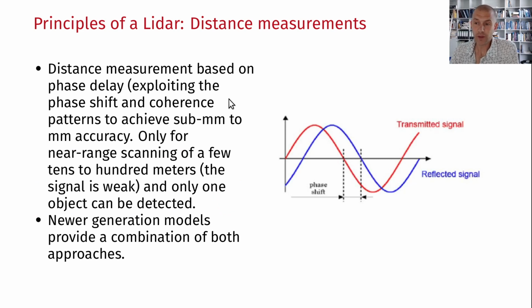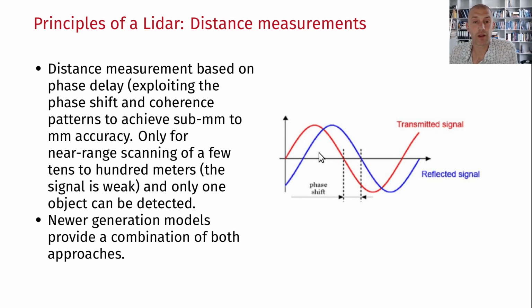An alternative way of measuring LiDAR distances that has become fairly common in the last couple of years is exploiting phase delay measurement. That means that you envision the oscillating wave of that wavelength, for example, the 1064 nanometer wavelength, and you can measure the phase offset within that wave to have a much more precise distance measurement.